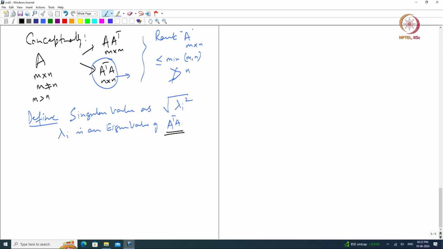So, you do the eigen decomposition of lambda I minus A transpose A. What eigenvalues do you get? You will typically get lambda 1 squared, lambda 2 squared, etc., lambda n squared at most.